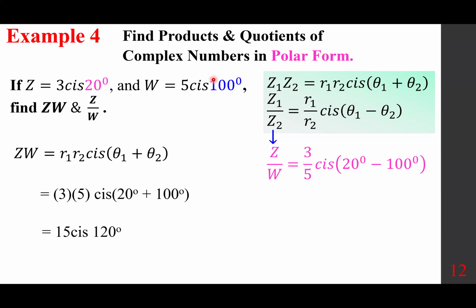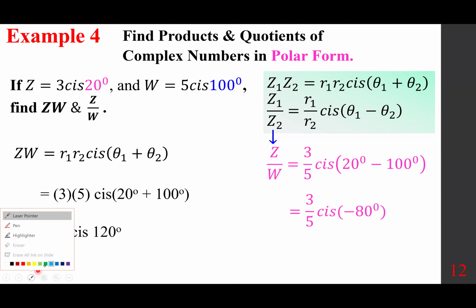So it's very straightforward, everybody. And so we get 3 over 5 cis 20 minus 100, which is negative 80. And you're done with that. But since normally we want it in the first revolution from 0 to 360, we can make this positive by adding a complete revolution, 360 degrees.